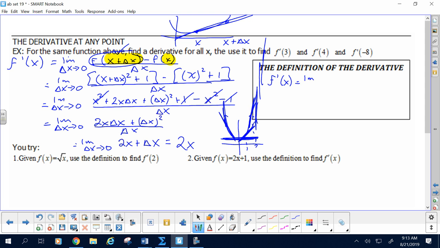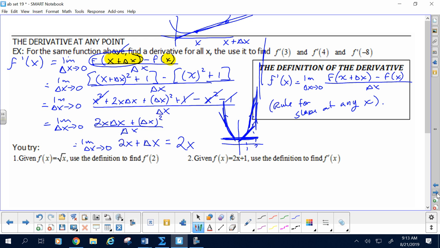And when you find a rule for the derivative at any x, instead of f of a plus delta x, it's generally f of whatever x plus delta x minus the original point. Okay? And this is a rule for the slope at any x. You follow?